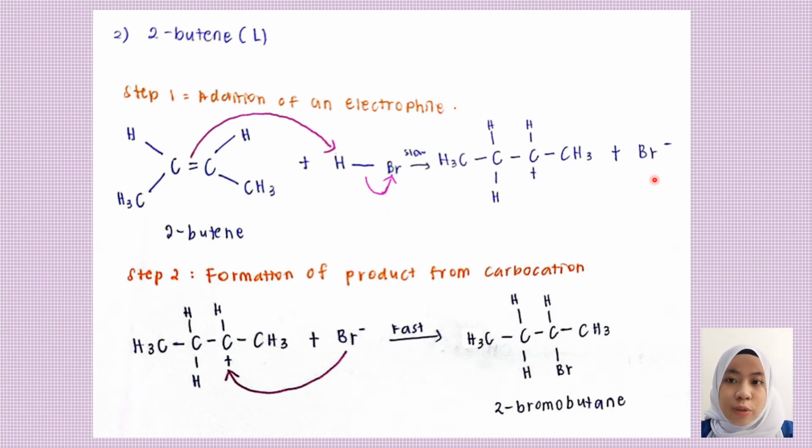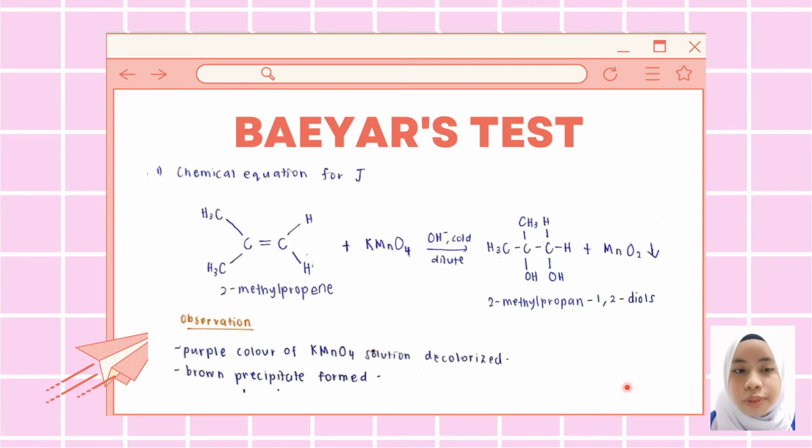When electrophiles are added to this alkene, electrophilic addition will occur. The next step is the formation of the product from the carbocation. So the bromide, which is a nucleophilic site, will attract the carbocation and produce 2-bromobutane.